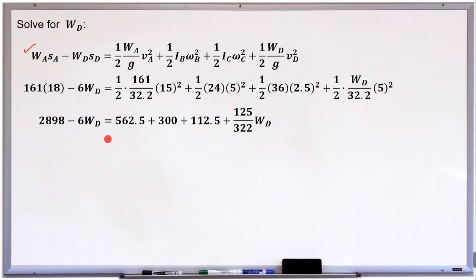Now simplifying further, on the left side, these are the terms: 2898 minus 6WD.